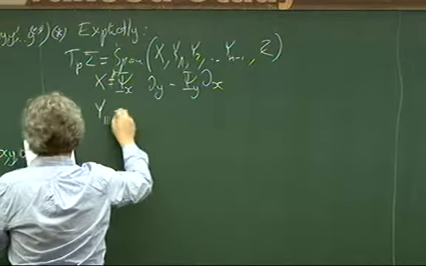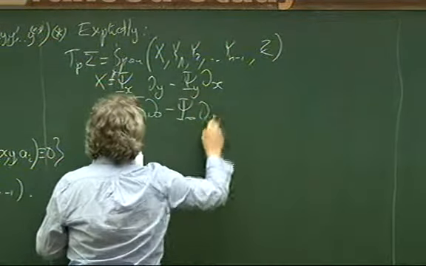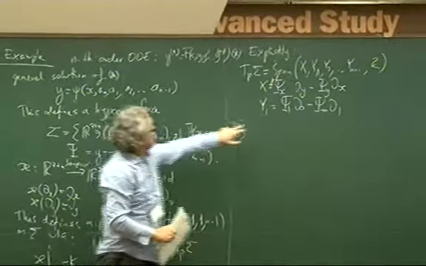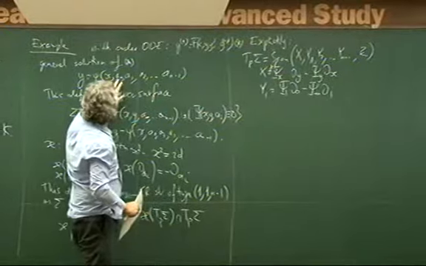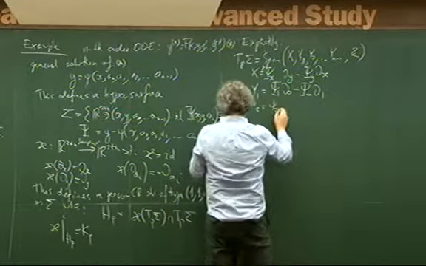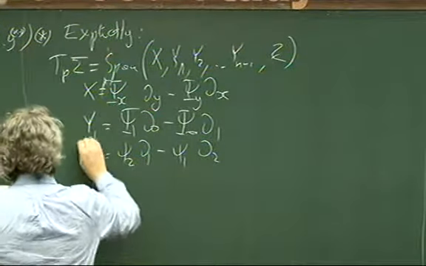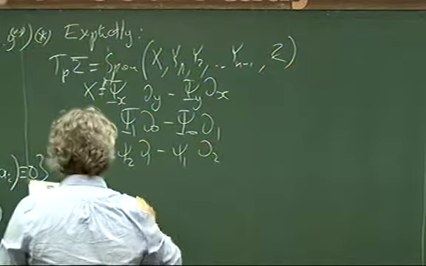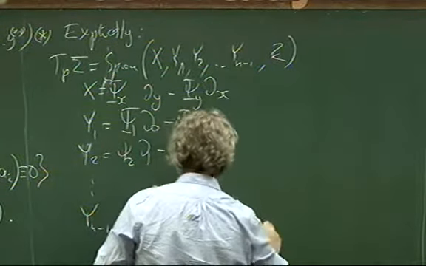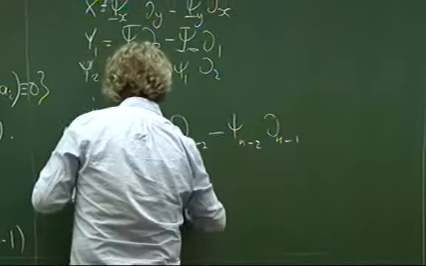Y1 is psi_1 d_0 minus psi_0 d_1, where the subscript denotes the derivative with respect to a0, a1, a2, up to a_(n-1). Then Y2 is psi_2 d_1 minus psi_1 d_2. Then Y_(n-1) is psi_(n-1) d_(n-2) minus psi_(n-2) d_(n-1), and finally Z is psi_0 d_y minus psi_y d_0.